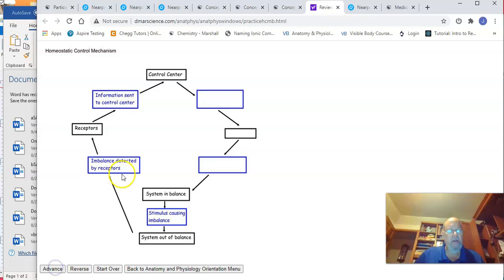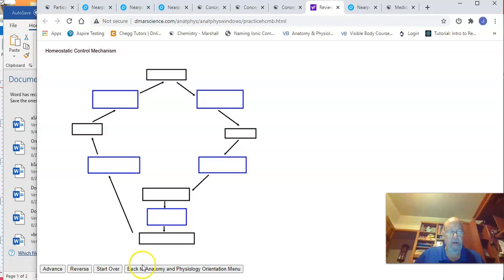And there's the control center, and then the control center sends an action to occur to the effectors, and the effectors cause a change, and this brings my system back into balance. So now my system's in balance again. But then another system causes it to be out of balance. I can reverse this if I want to. I can go backwards. I can start over.